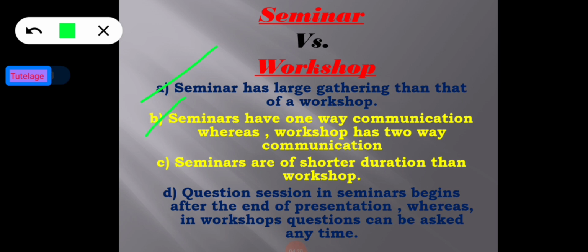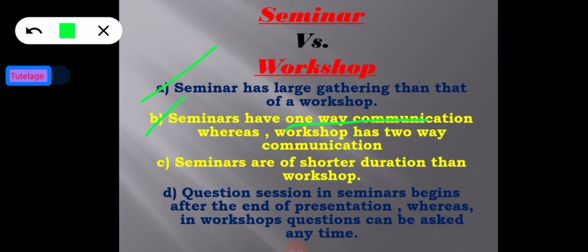difference, that is seminars generally have one-way communication. We have already told when discussing the meaning of conference, that in a seminar there is one-way communication, but in a conference there is two-way communication.